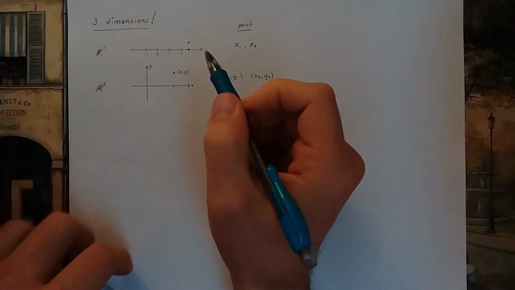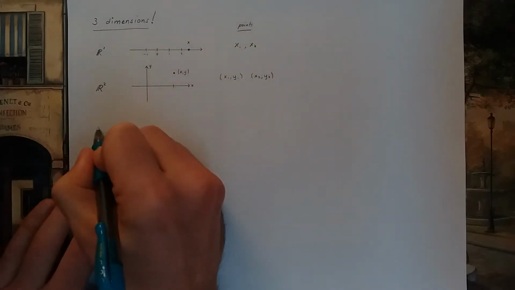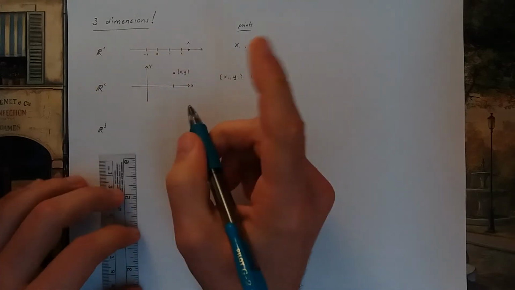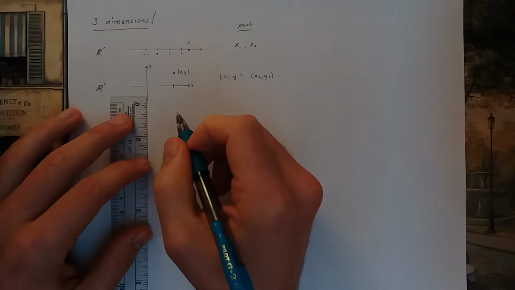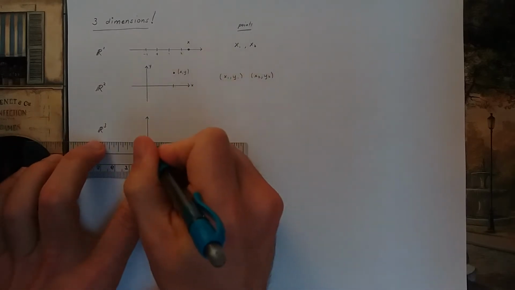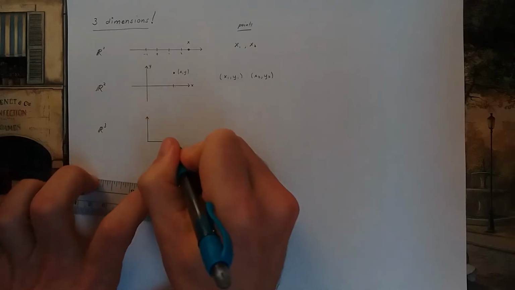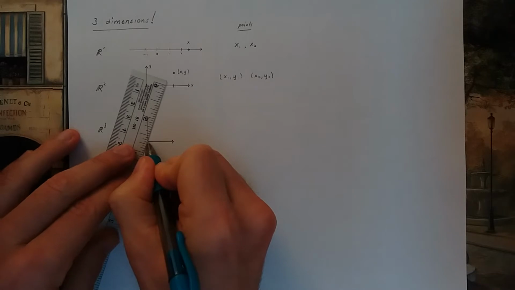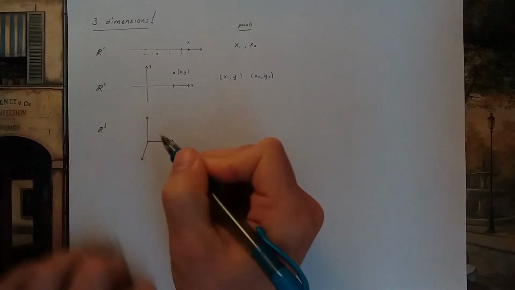But new maybe for calculus is R3. R3 has 3 real axes. It's usually depicted this way. So I have an axis pointing straight up, an axis pointing to the right, and I have an axis that's poking you straight in the eye.